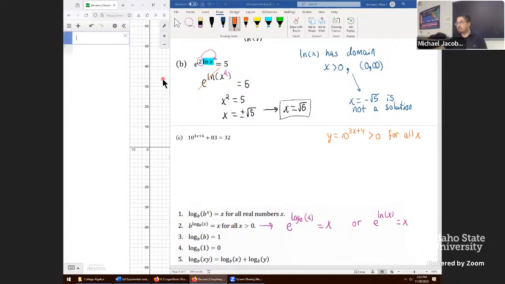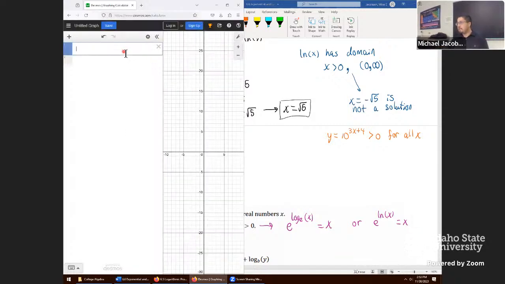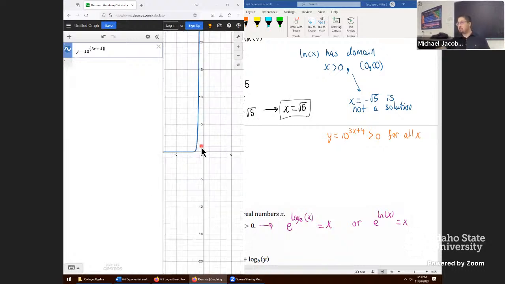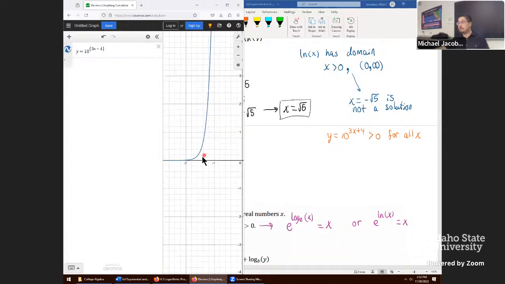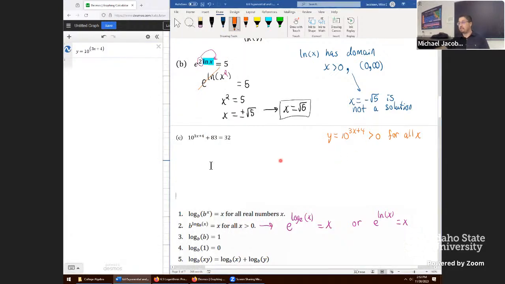And we can visualize that. Let's graph this real quick just to see it happen. We take y equals 10 to the power 3x plus 4. There's our graph right here. It's definitely bigger than 0. We have to zoom in to see the separation from the x-axis on that. But this thing is always positive.